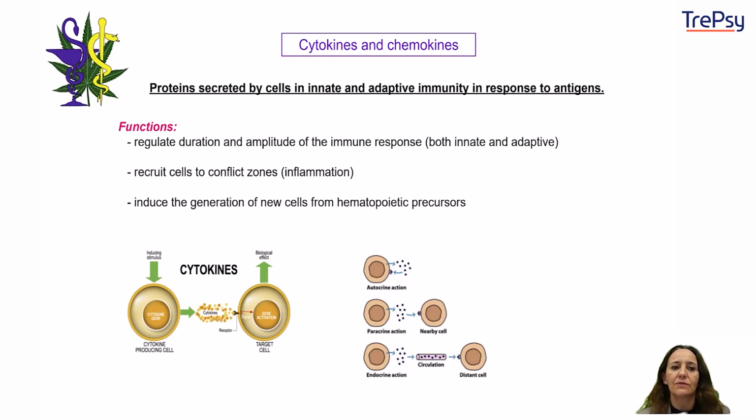They help to recruit cells to conflict zones, areas of inflammation, and they can induce the generation of new cells from hematopoietic precursors. So not only communication but also the generation of immune system cells.